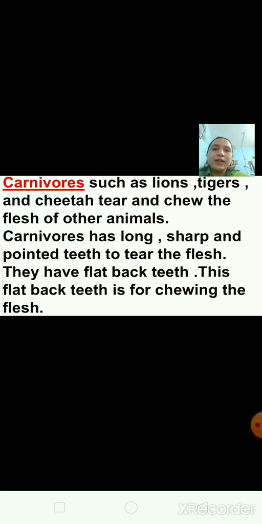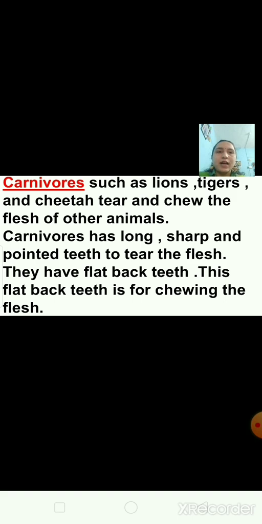Now, today we will learn about eating habits of carnivores. Yes, carnivores means animals like lion, tigers, right? Cheetah. These are the carnivorous animals. Now carnivores have long, sharp and pointed teeth to tear the flesh.